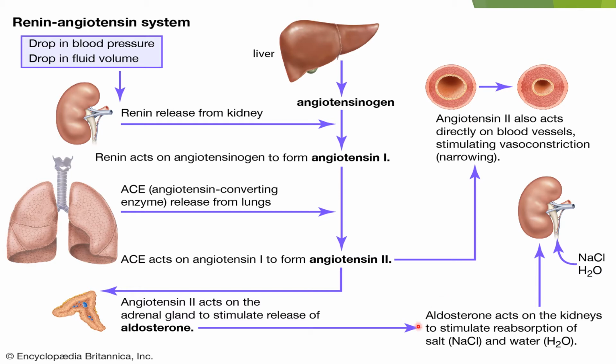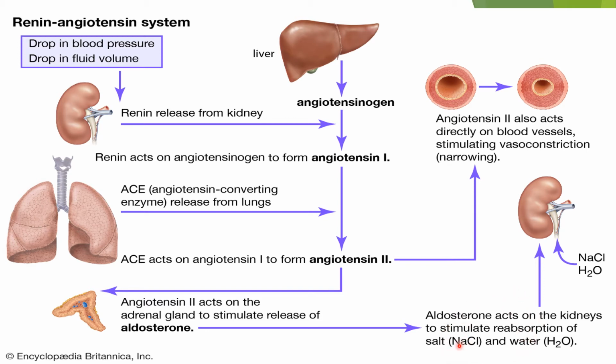On the other hand, it causes the adrenal gland to release aldosterone, and this aldosterone acts on the kidney to stimulate the reabsorption of salt and water. So on one side there is vasoconstriction, on the other there is absorption of salt and water.